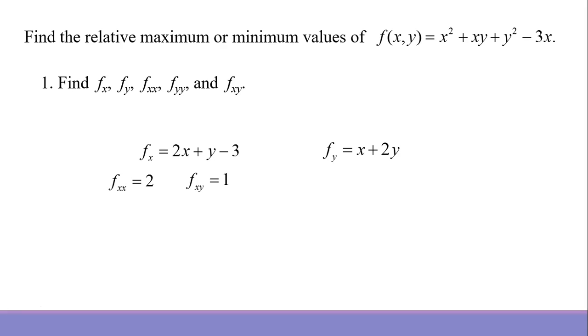Then we can go back to our function and find the first partial derivative with respect to y, f sub y. And then we can find f sub yy from that. And now we have everything we need. We have all of our partial derivatives.